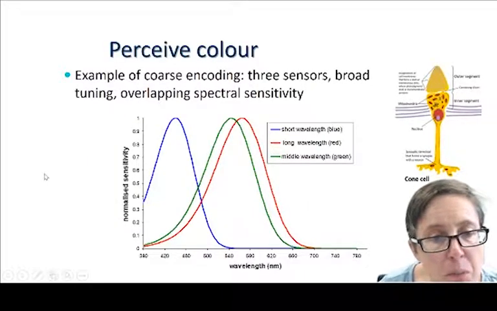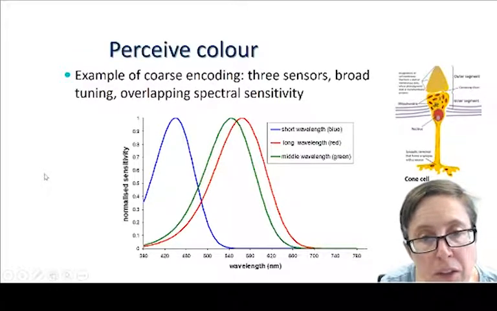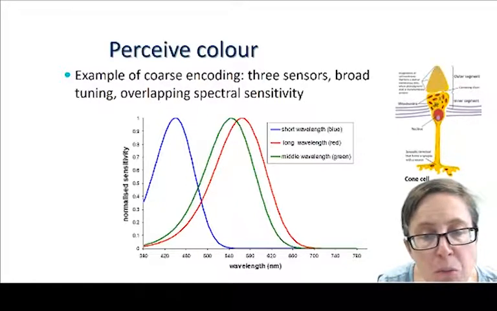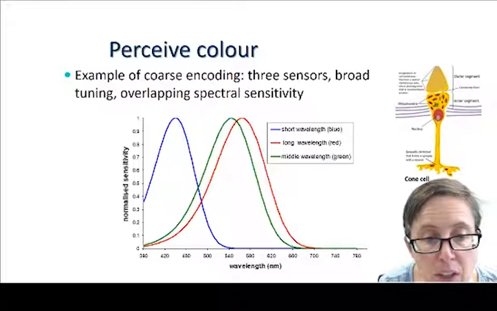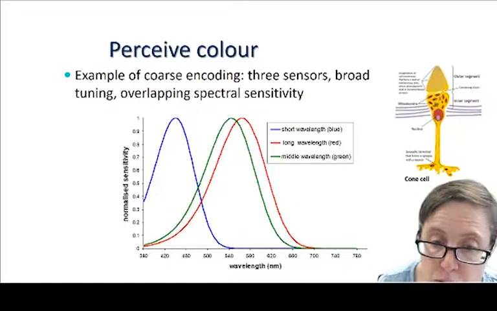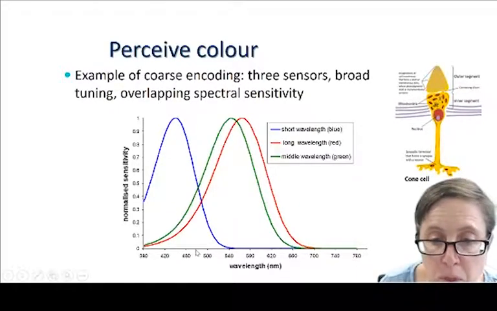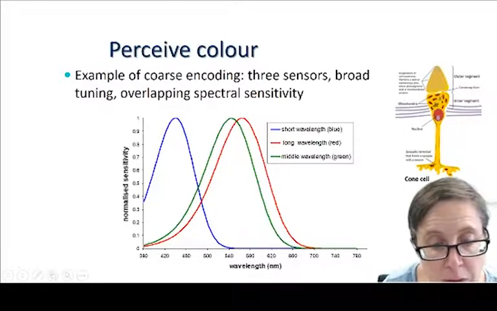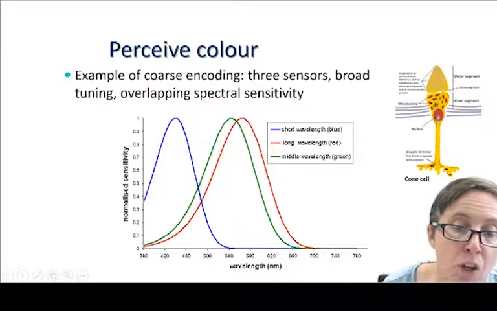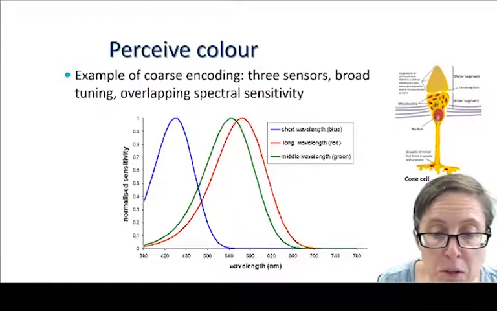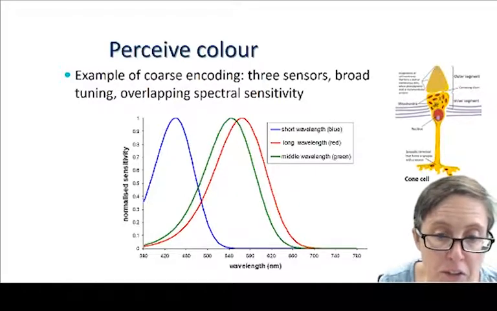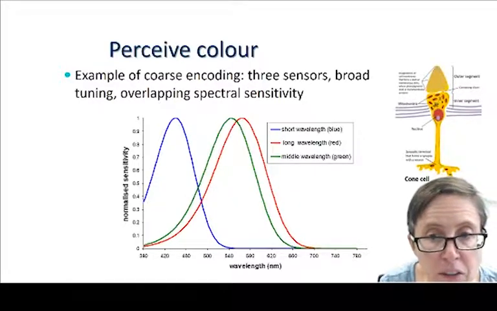It might be worth also pointing out, do you remember how we were talking about the encoding of orientation as an example of population encoding? Well, this is somewhat similar in that here we're encoding spectral information. So what is the wavelength of light? And just as we were talking about what is the orientation of a stimulus, we could ask here, what is the wavelength of light? Only, of course, it's even more so than for orientations, it's possible that many wavelengths may be present at the same place on the retina.